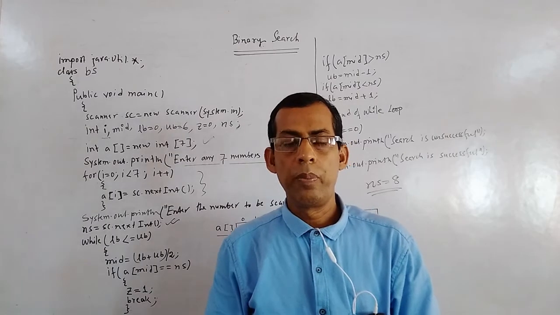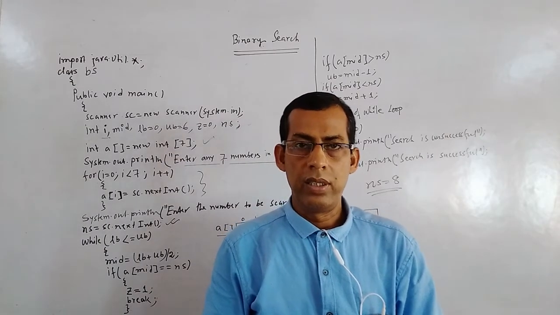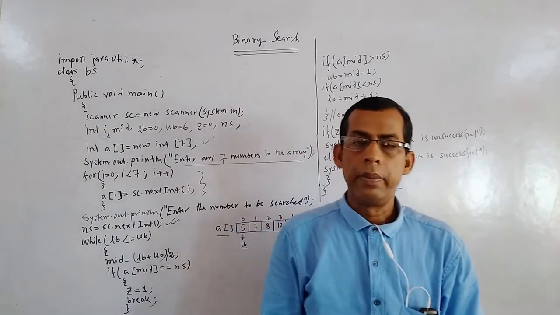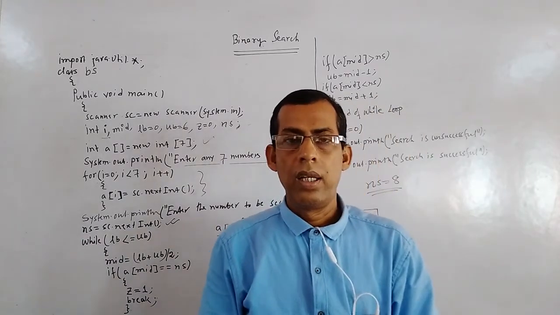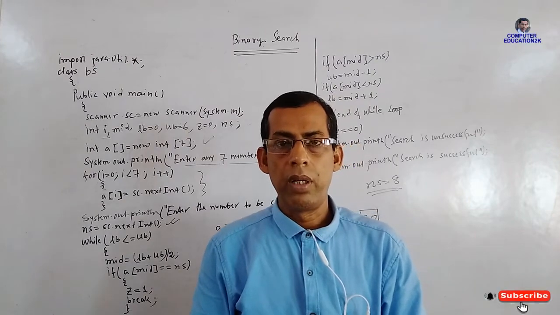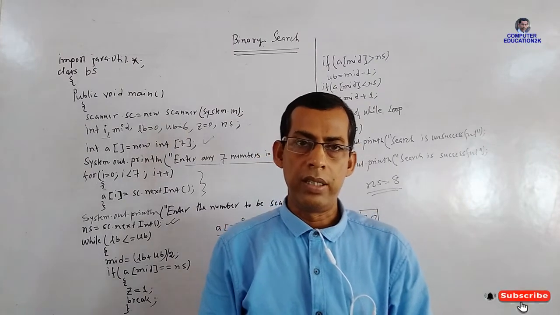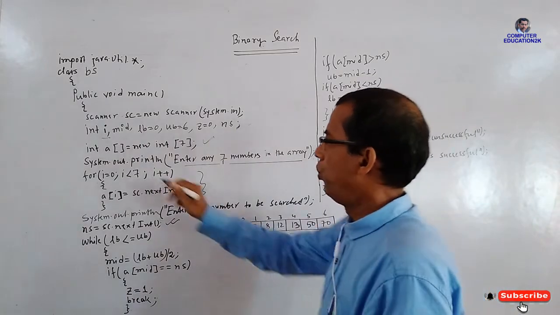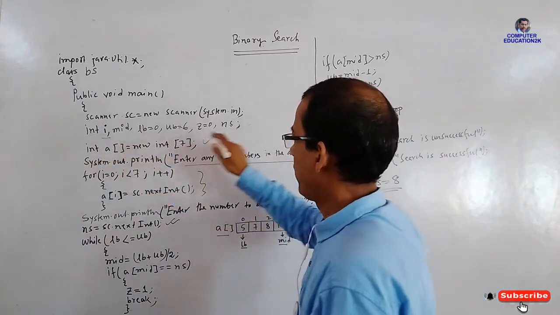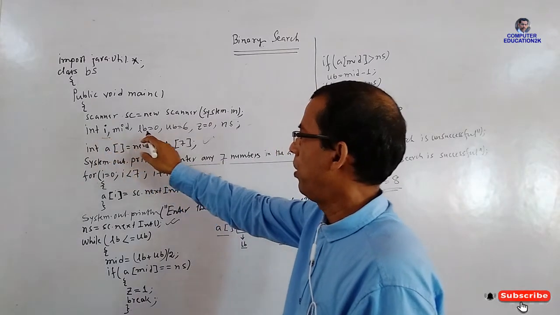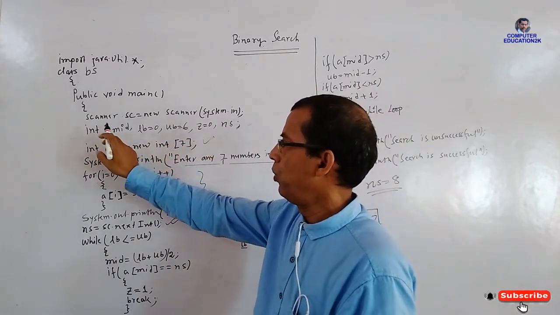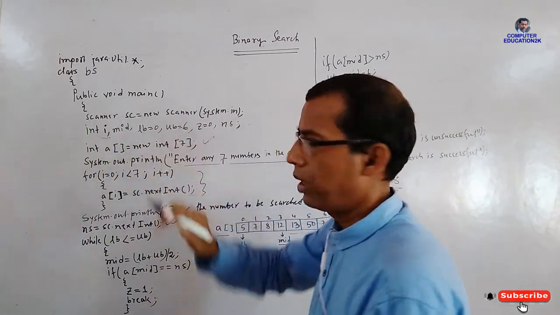Now let's do a program on binary search. The question is, write a program to enter 7 numbers in an array and search any one number from the array using binary search. Please see here, we have taken these variables: I, mid, lower bound, upper bound, Z and NS. I is for the loop; mid, lower bound, upper bound, you have understood.